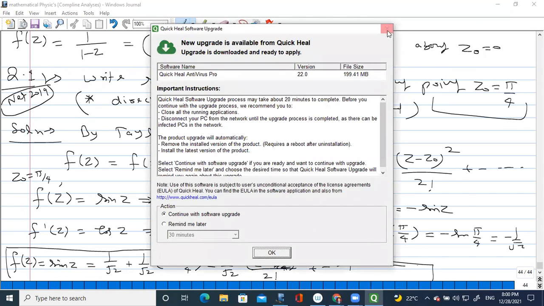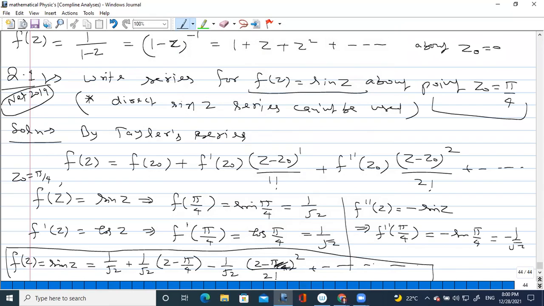f triple dash also you can find out. Then that also will be minus of 1 by root 2, minus of 1 by root 2 into (z minus pi by 4) whole cube divided by 3 factorial.